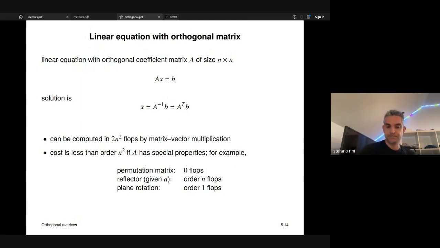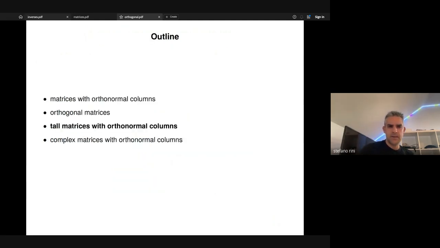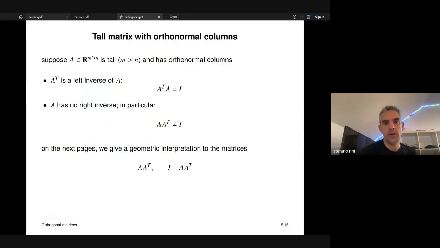But in general, you actually have only one parameter that is driving the transformation. So there are some smart ways of writing the transformation so that the complexity goes down to 1. Okay, so now we go to tall matrices with orthonormal columns, as we have hinted.